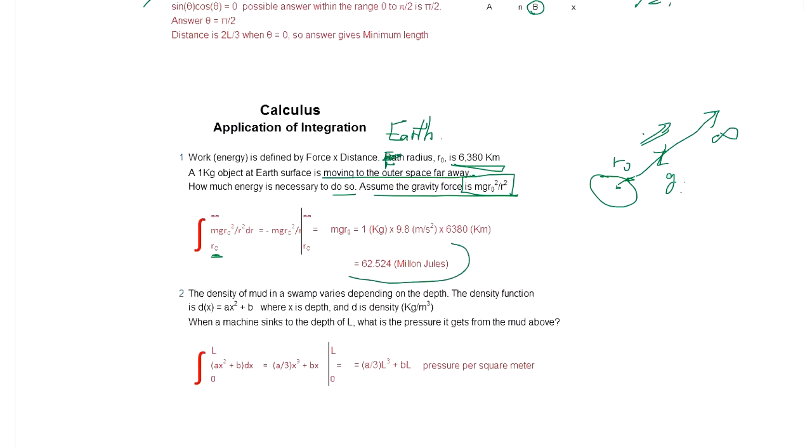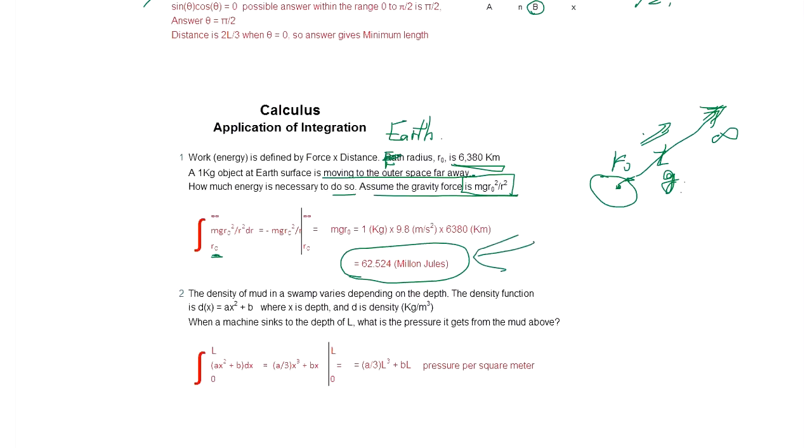So you need this much energy to move a unit mass all the way to the end of the solar system, because in the solar system, the dominant gravity is the sun's gravity. So you need this much, right?